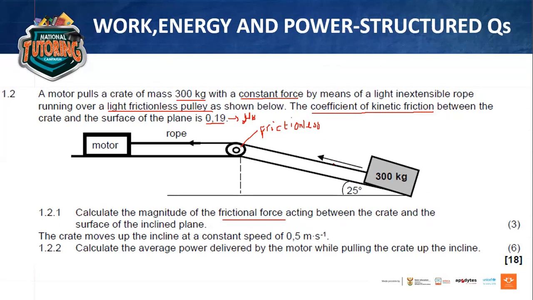Let us draw a free body diagram along the incline. Remember, when we deal with forces, we draw a free body diagram. Number one, I must have the force of gravity. Number two, I must have the force that is applied by the motor.